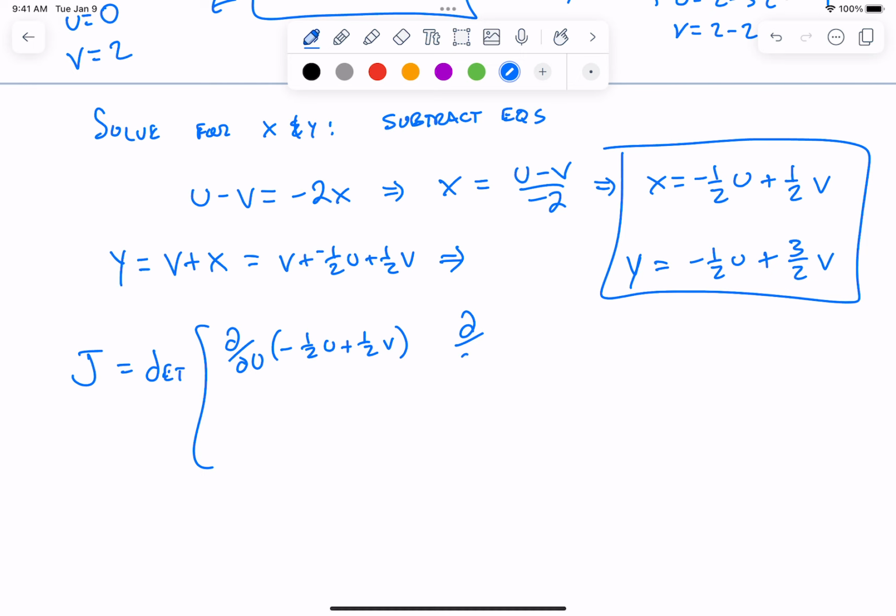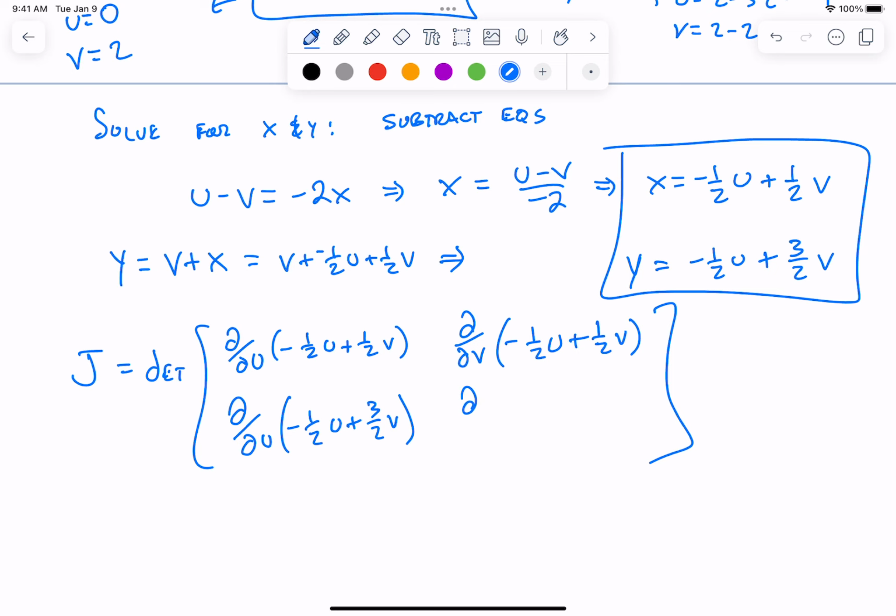And then partial with respect to v of that top formula. Then I'm going to do partial with respect to u of the bottom formula. Partial with respect to v of the bottom formula.